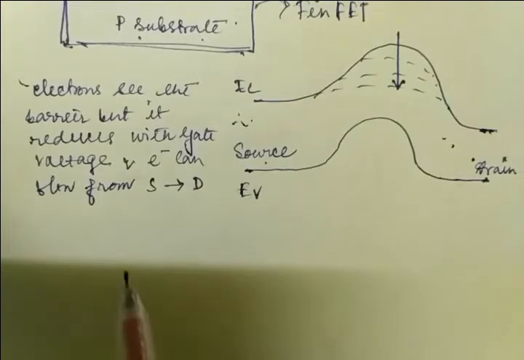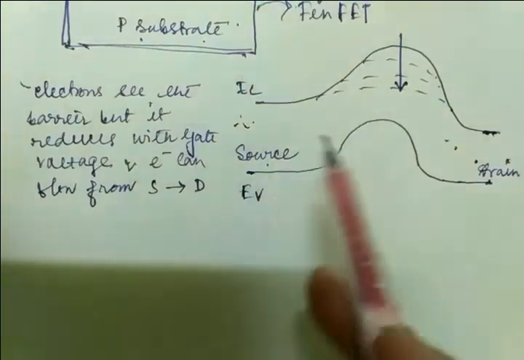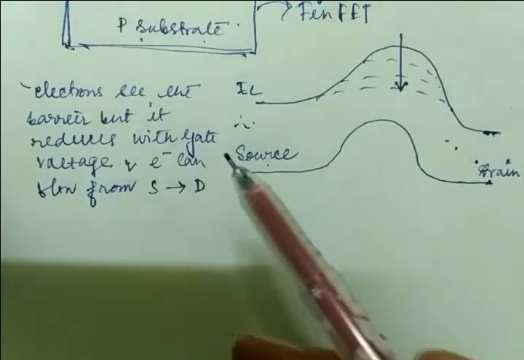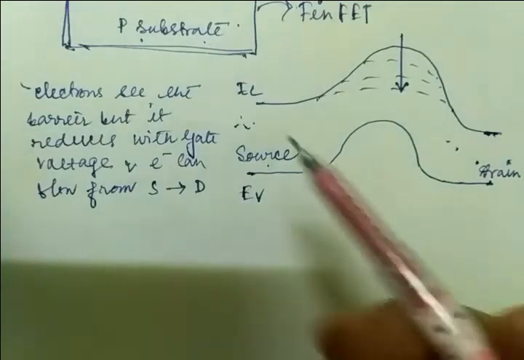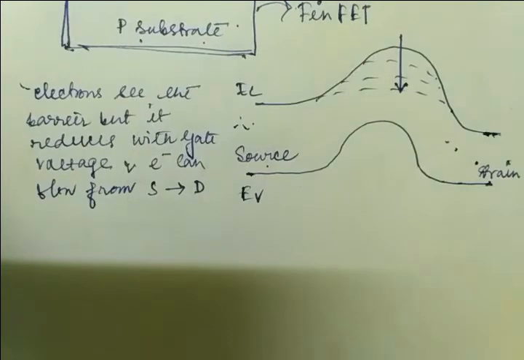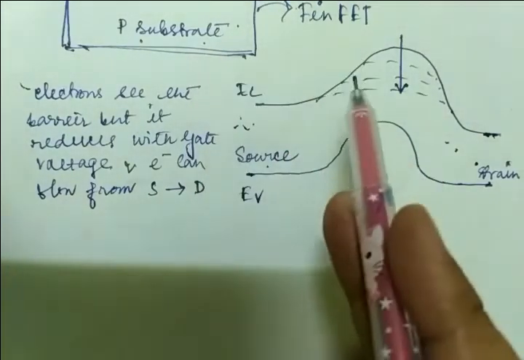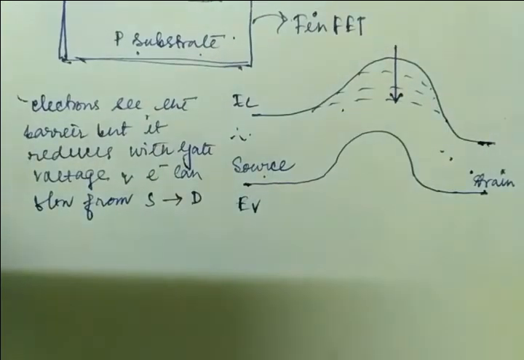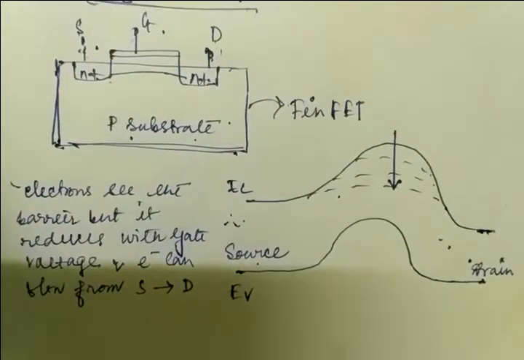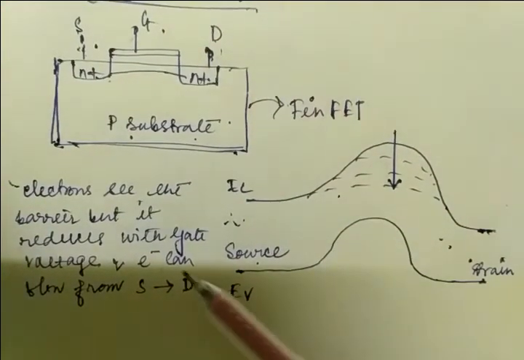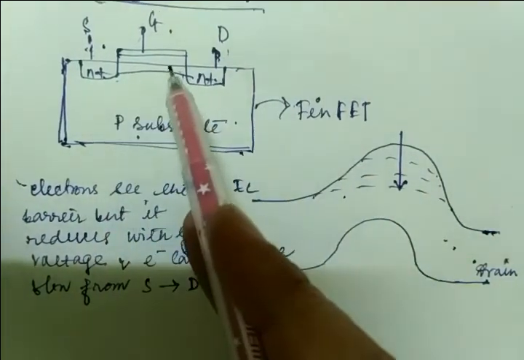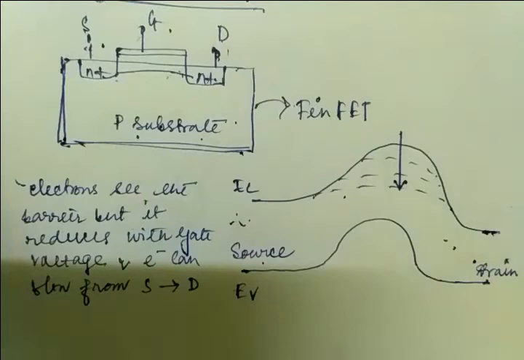Okay, so again I am saying, if we see the band diagram, we are trying to find out what will happen if we apply some gate voltage, right? Whenever the gate voltage is applied, electrons will be attracted towards the channel. This is the main scenario. I'm repeating, whenever the gate voltage is applied, electrons will be attracted towards this channel, right?